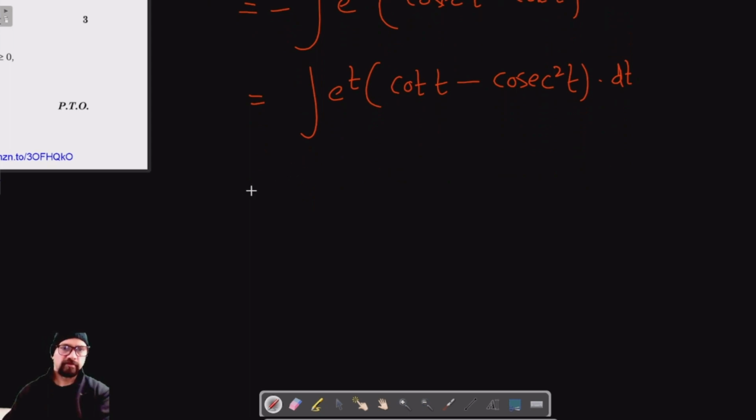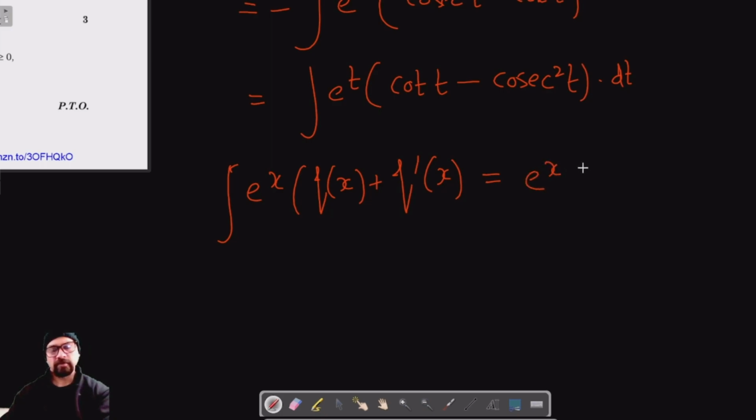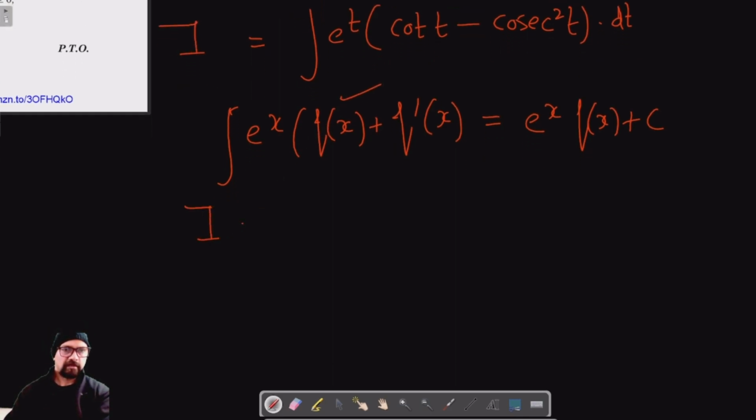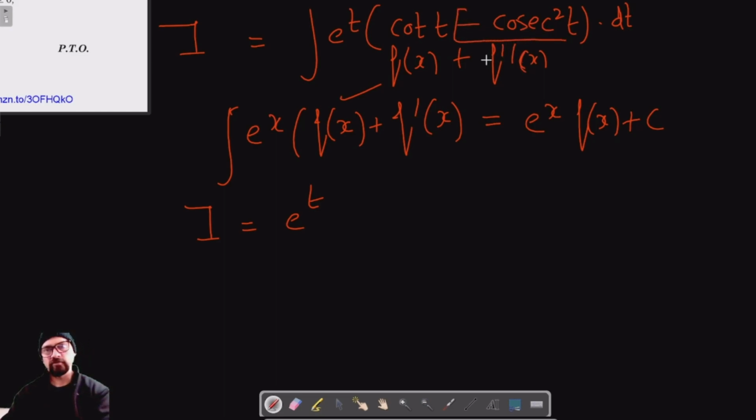Now this is of the form e raised power x into f of x plus f dash x integration, which gives us e raised power x into f of x plus c. So this is f of x, and this is f dash x.